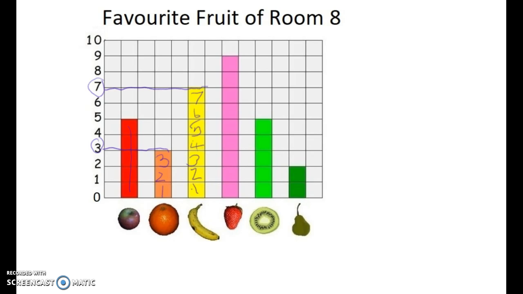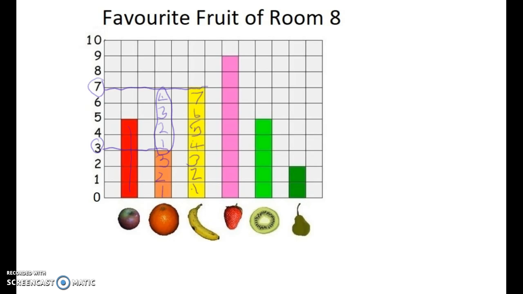You can either count the spaces between the top of one graph and the top of the other, or you can use a takeaway equation. Let's try both. So the difference between the top of the two graphs is 1, 2, 3, 4.